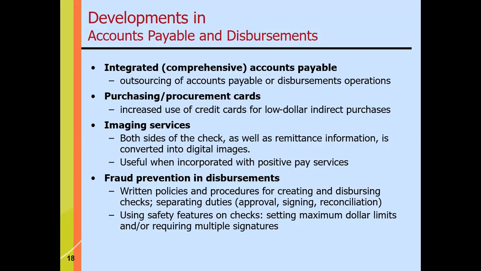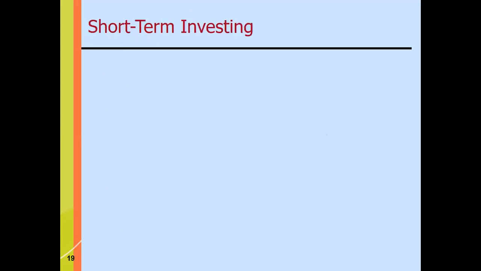And also requiring multiple signatures. Let's say we use that in combination with the maximum. So if we go beyond this amount, let's say 100,000 pesos, then there has to be at least two signatures or two signatories. But below that, one is okay or fine. It will be an or. So those could be ways of preventing fraud for the disbursements.